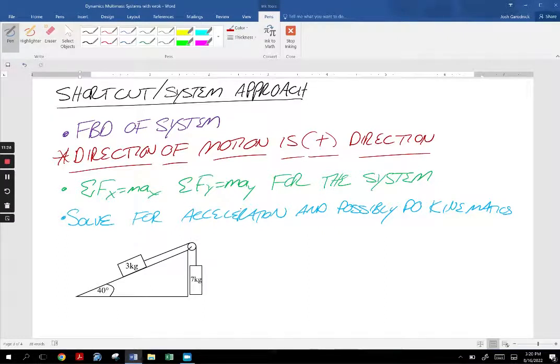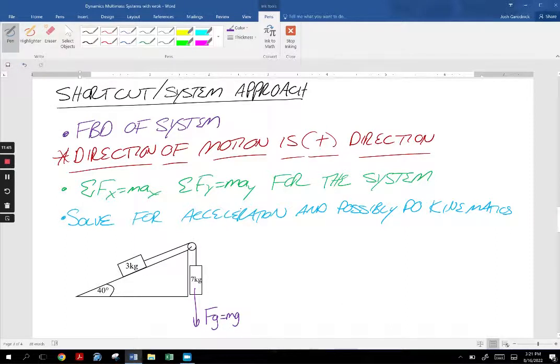The shortcut is to draw a free body diagram of the forces acting on the system that cause the system to have a change in velocity. In this case, that is the force of gravity pulling down on the 7 kilogram mass.